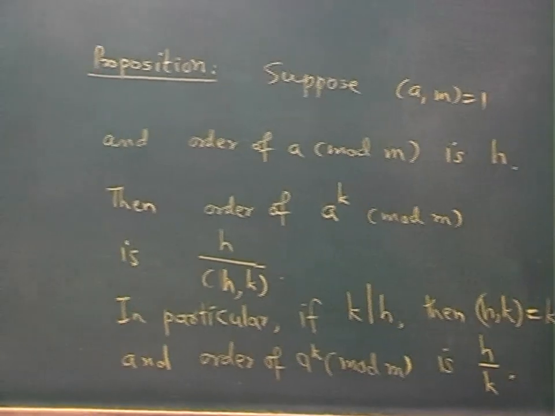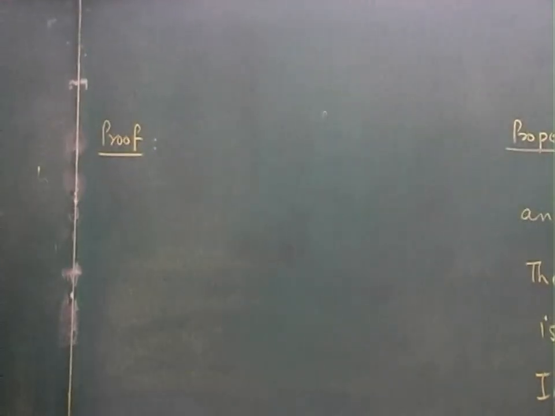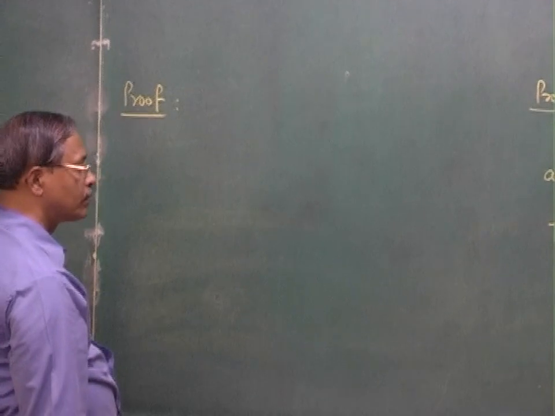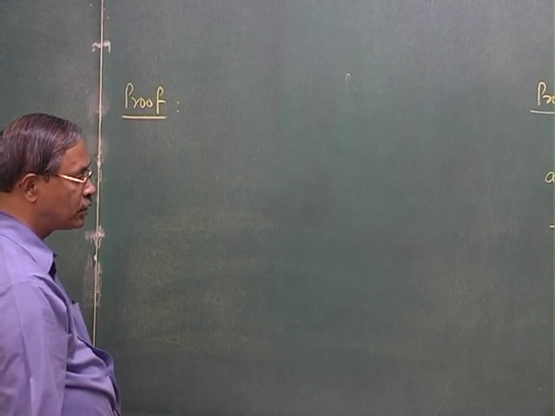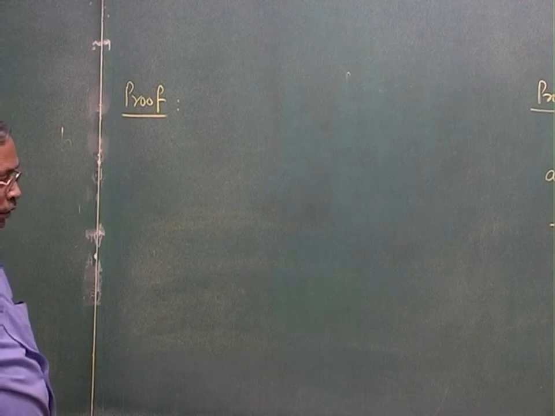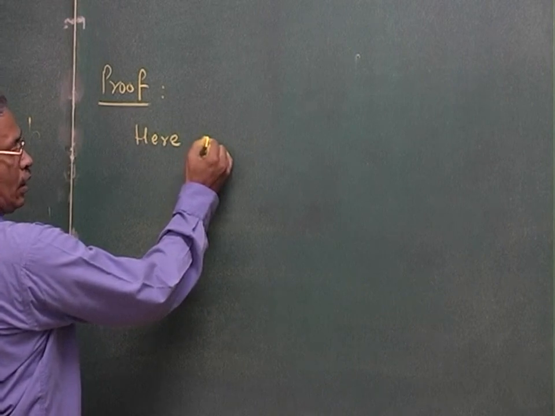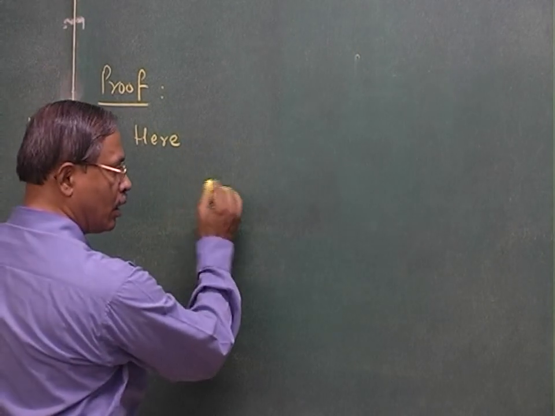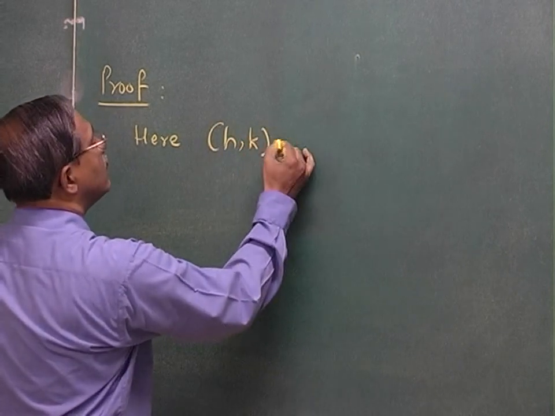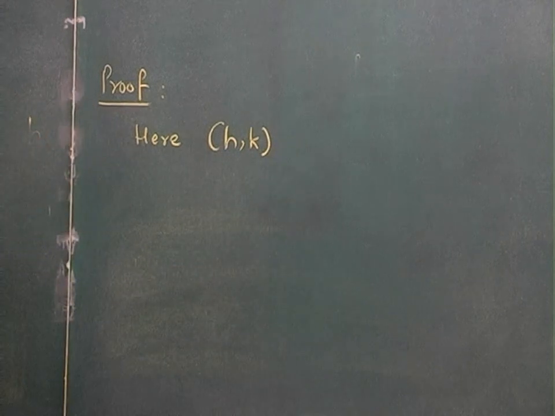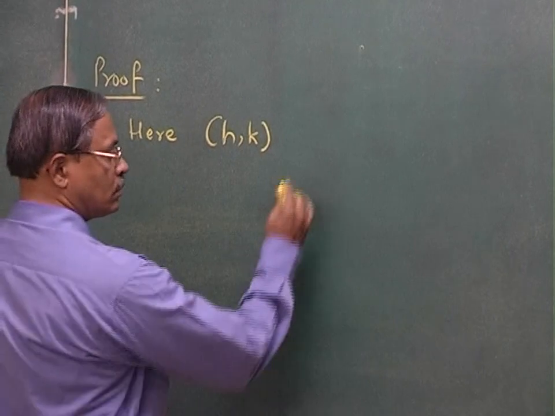So, the proof of this. Usually when you have the GCD of two numbers, it is convenient to write the GCD as a combination of the given numbers, and that can be used. So here, the GCD of h and k is equal to r, say.